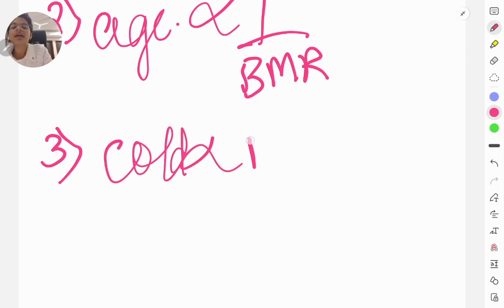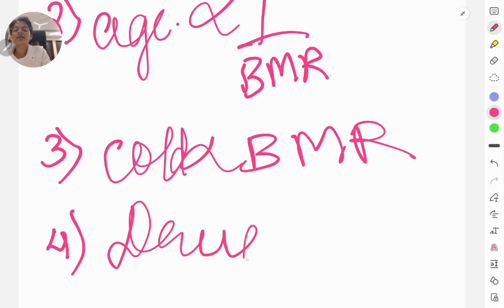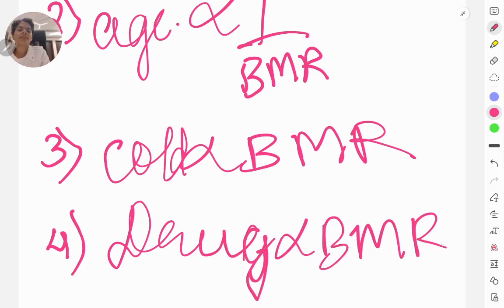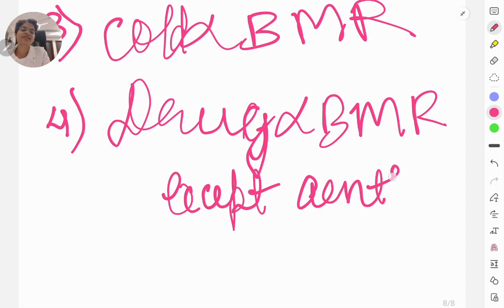Then cold climate would lead to more BMR. Then drugs would increase the BMR, except, just use common sense, anesthetics. Clear?